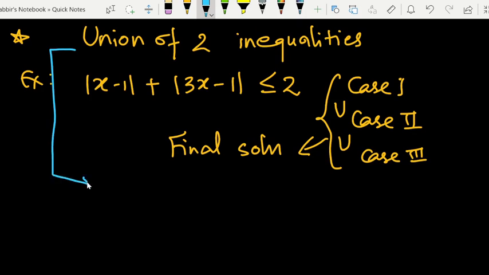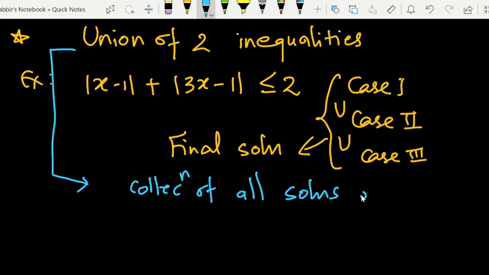Union of two sets is basically the collection of all solutions of both inequalities, or if there are more than two inequalities, the collection of all solutions of all the inequalities involved in the union.